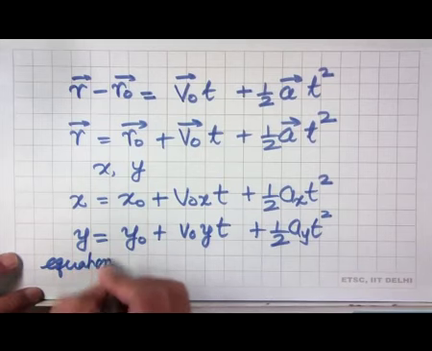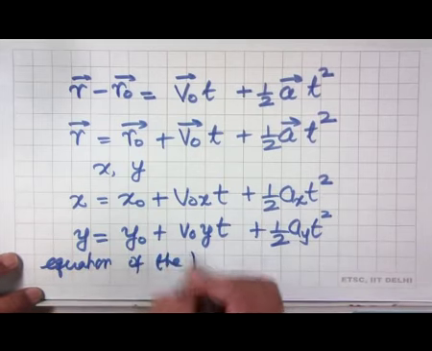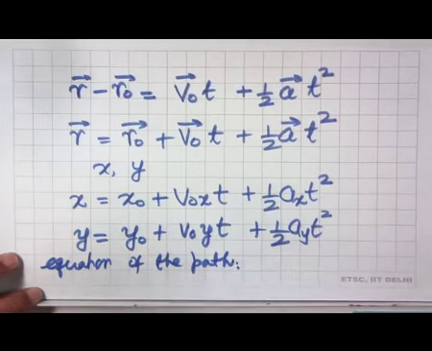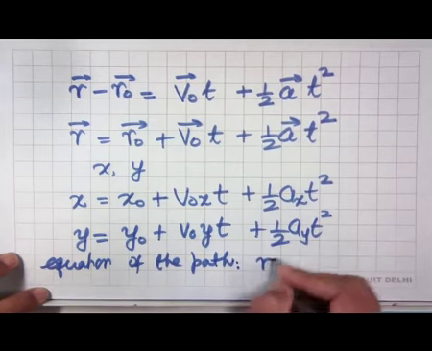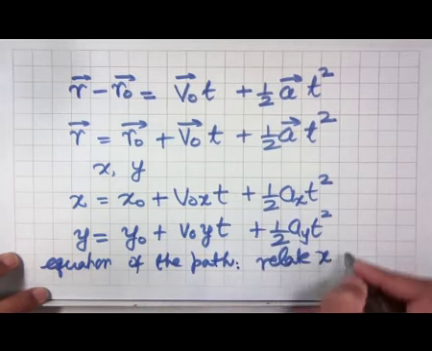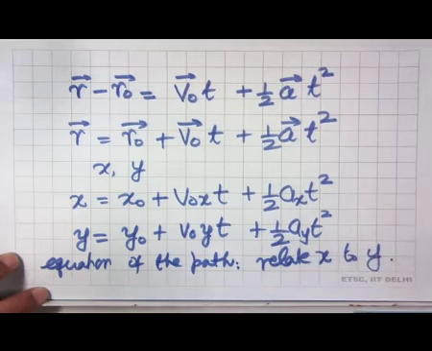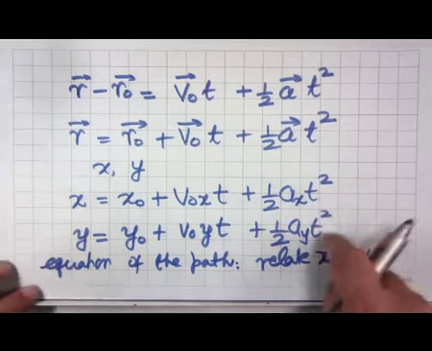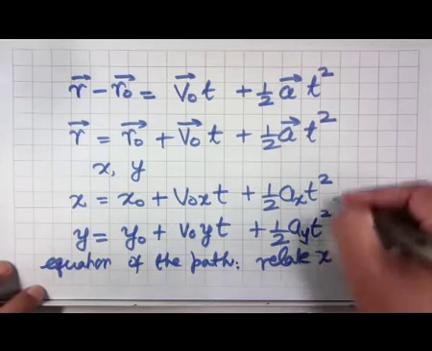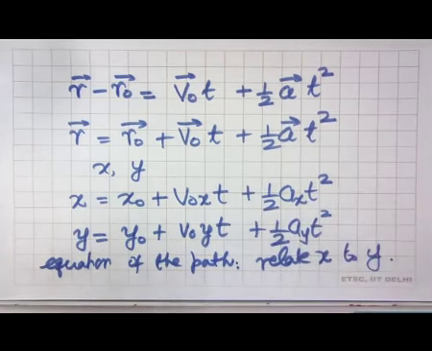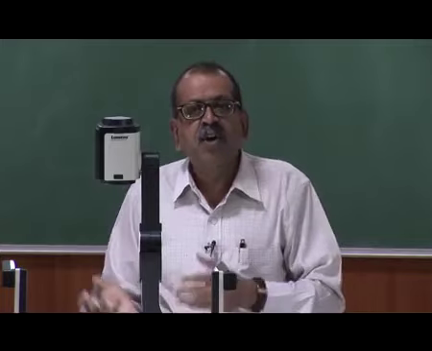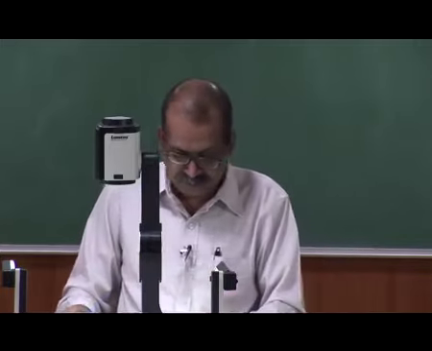But if we want to find the equation of the path of the particle, then we will have to relate x to y. That will give us the path of the particle, and for that we will have to eliminate time between these two equations, and that will give us x as a function of y or y as a function of x.